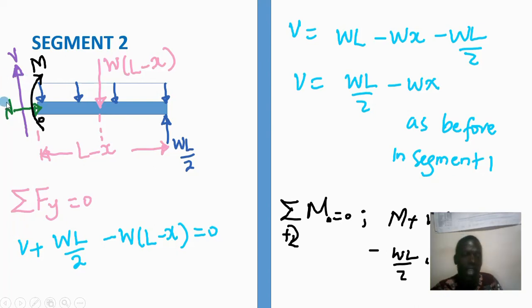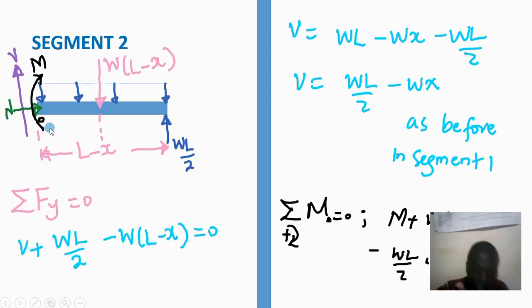On the other side, the shear force was facing down, and the bending moment was facing in an anti-clockwise direction, and therefore here it must face in a clockwise direction. We do this so that these forces cancel out each other, because if we are to have a balanced system, then this shear force and the other shear force must add up to 0. This bending moment and the other one should also add up to 0.